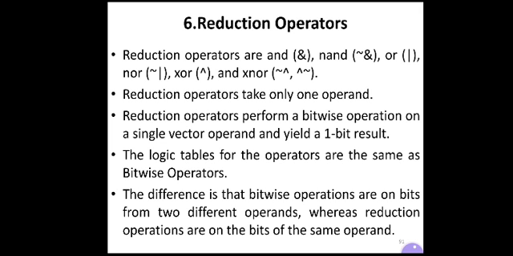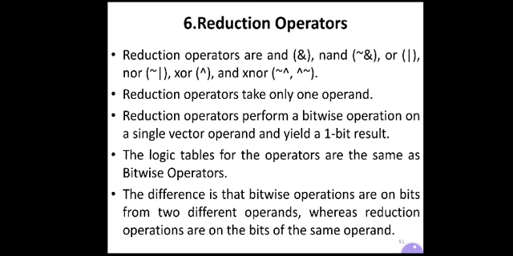Now here the difference between the reduction operator and other operators, that is logical operator and bitwise operator, is in those there are two operands, but here in the reduction operators it takes only one operand. It operates on a single operand, whichever may be it is AND operation, NAND operation, OR, NOR, XOR and XNOR. All these 6 operations perform on a single operand or only one operand.